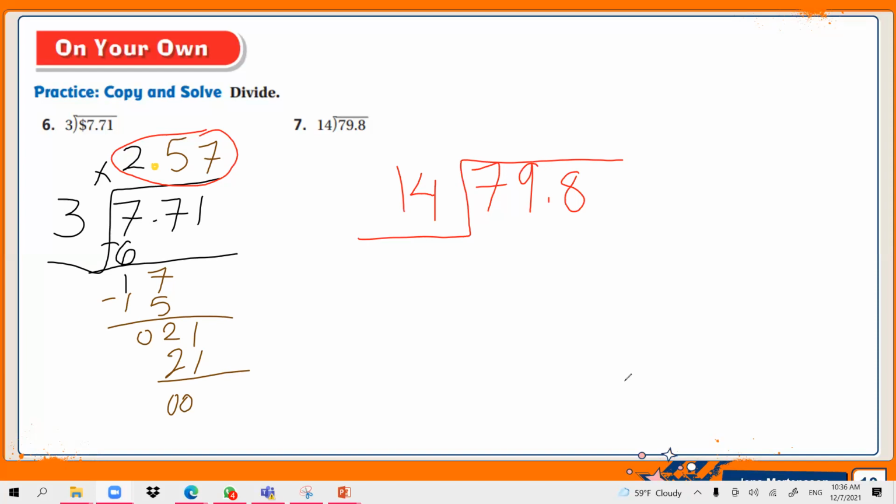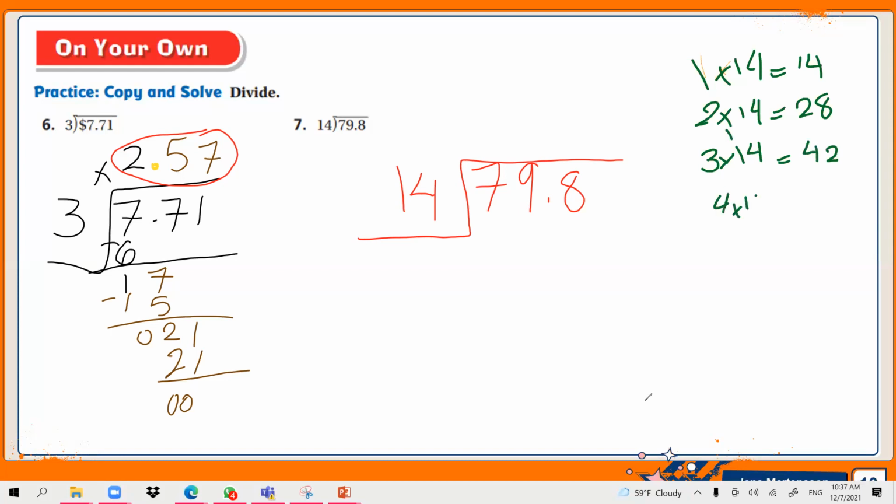First of all, 1 times 14 is 14. 2 times 14 is 28. 3 times 14, 3 times 4 is 12, 42. 4 times 14, 56.